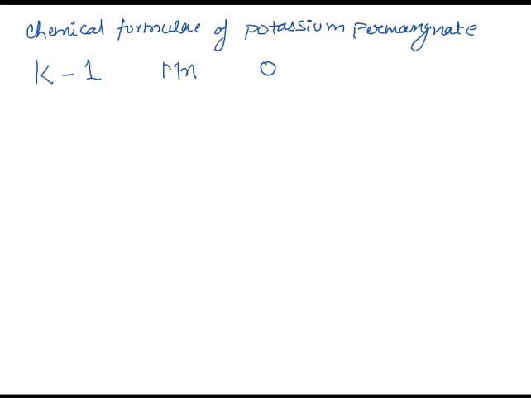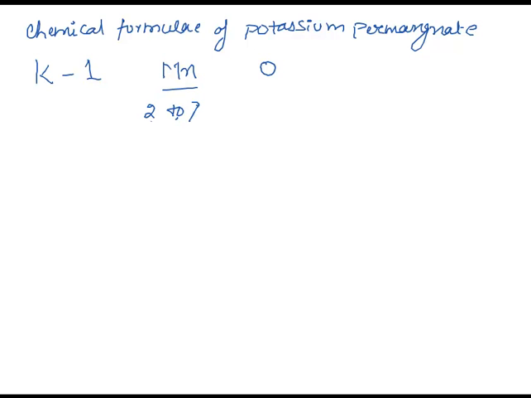Manganese is a d block element and it has a valency from 2 to 7. In valency, students, you don't need to put the sign whether it is positive or negative. Valency is just the number, so it can have any value from 2 to 7.